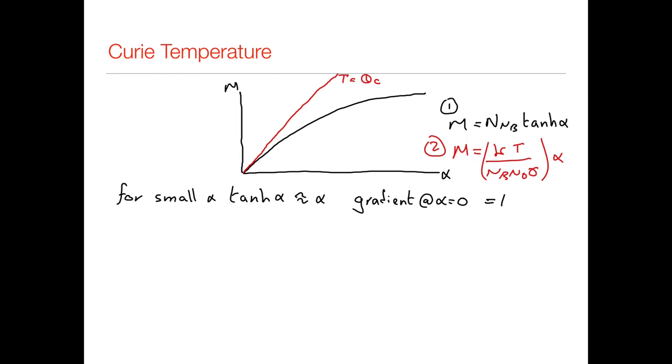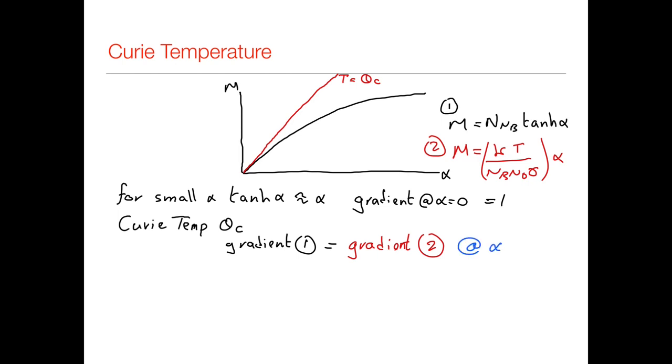So for the Curie temperature, theta C, I want the gradient of equation 1 to equal the gradient of equation 2 at alpha equal to 0.